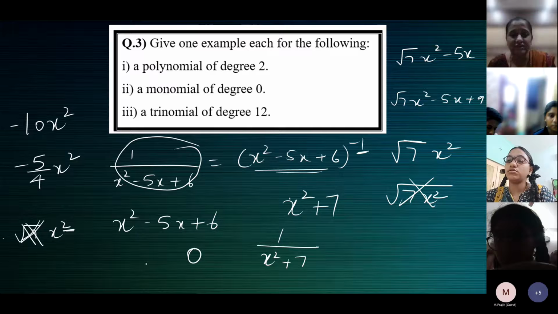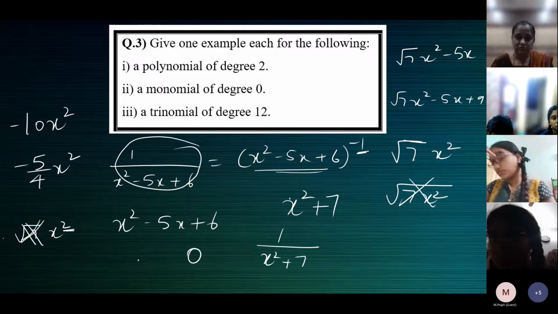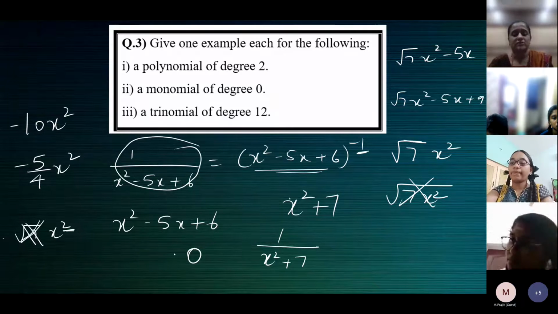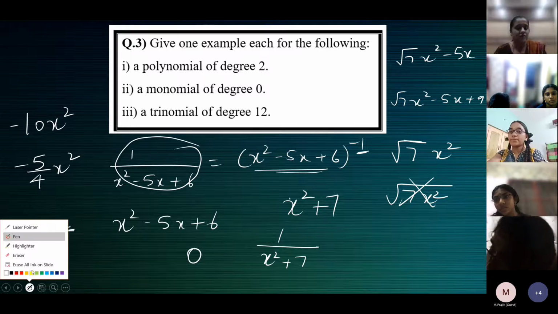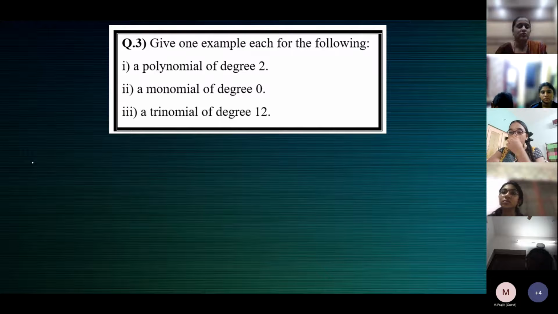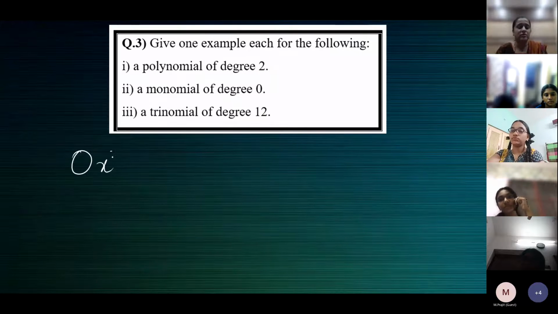We cannot give 0 as an example for a polynomial of degree 0. If you ask what is the degree of 0, each of you can give a different answer. One will take 0 as 0x squared, and you will say the degree is 2.